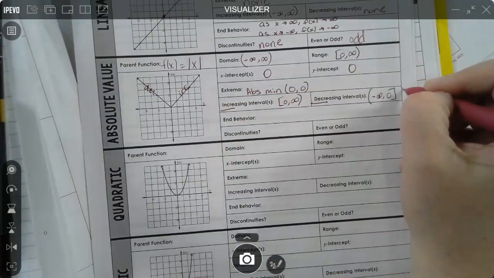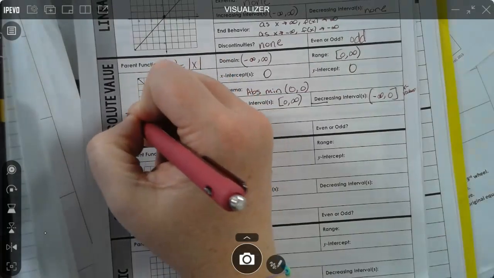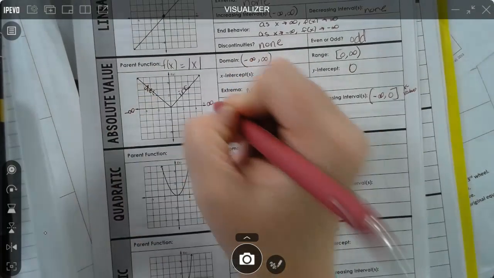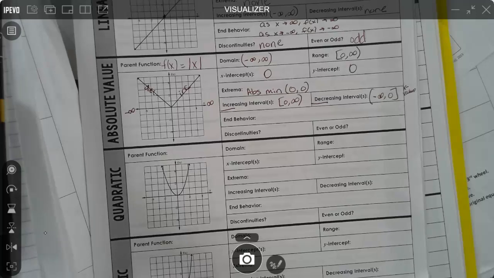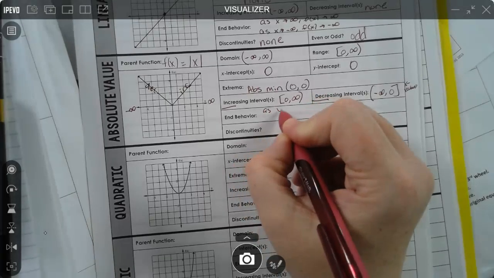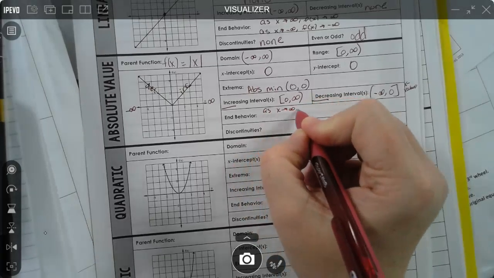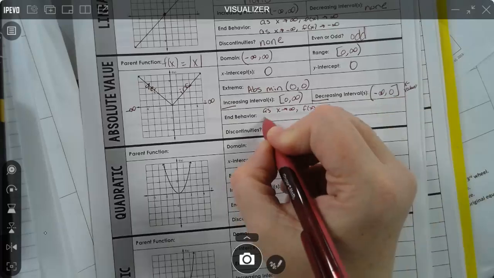These, I use the X values to describe it. So X goes negative infinity this way, positive infinity this way. Yes. End behavior, same thing as the other. As X approaches infinity, f of X approaches infinity.